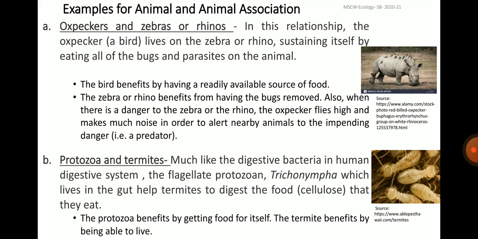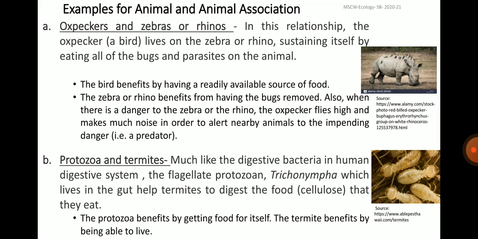Also, when there is a danger to the zebra or the rhino, the oxpecker flies high and makes much noise in order to alert nearby animals to the impending danger from the predator.